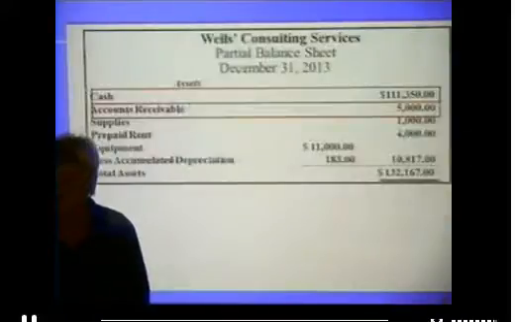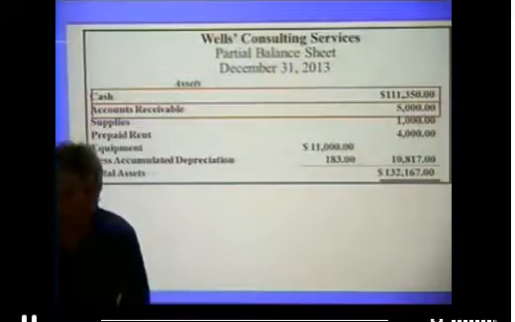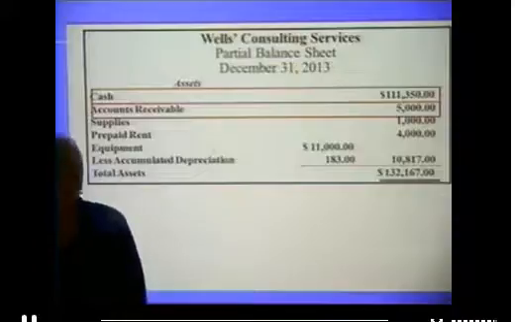Okay, interpreting our financial statements. All we're looking at is how we would use these statements. If the owner wanted to know how much cash we had, which statement would we tell him to look on? What are our three statements? On your balance sheet.